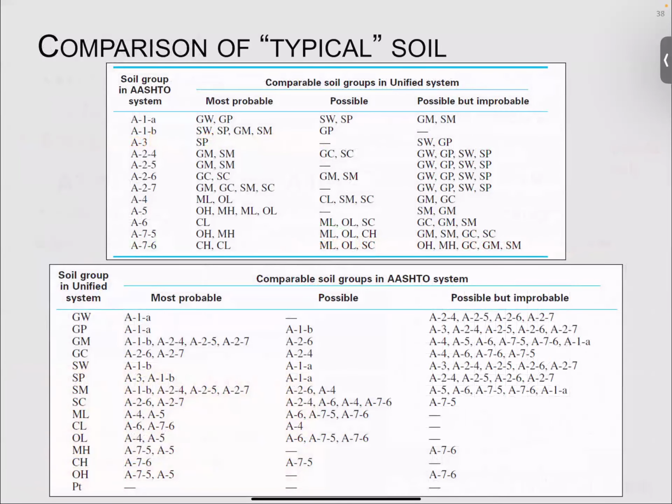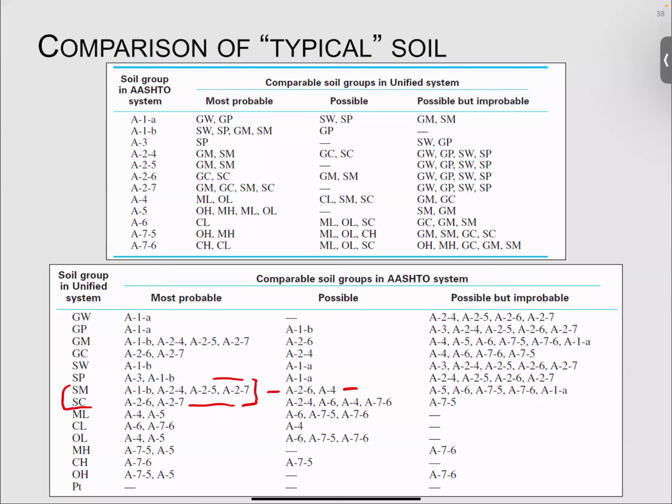All right, so this is a table just to help reiterate some of the similarities between them. In Florida, most of the soils that you come across are going to be like an A-2-4 or an A-2-6, natural soils. So that's our SM and our SC. Yeah, so those are the very similar ones.